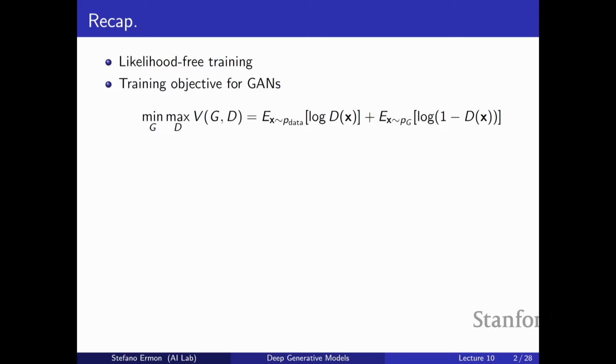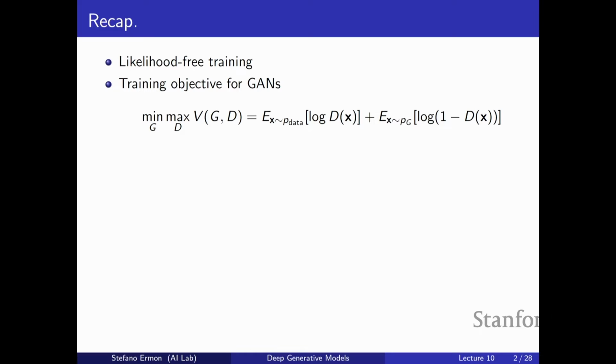The idea is that there are ways to compare the probability distribution of your generative model to the data distribution that do not involve KL divergence and do not require you to evaluate the probability of samples according to your model.